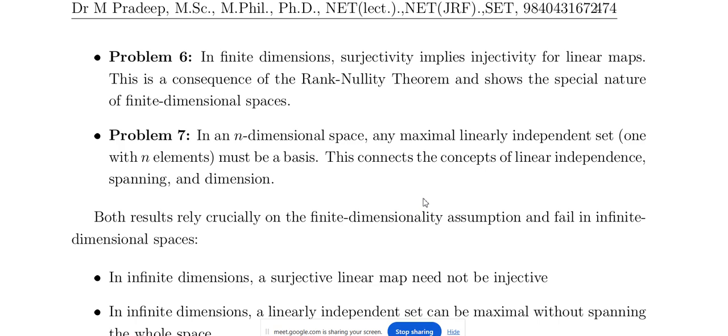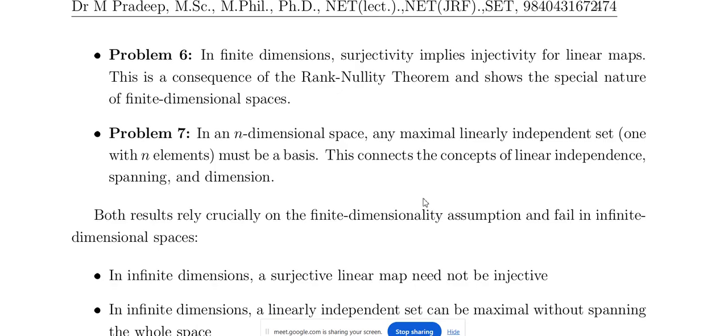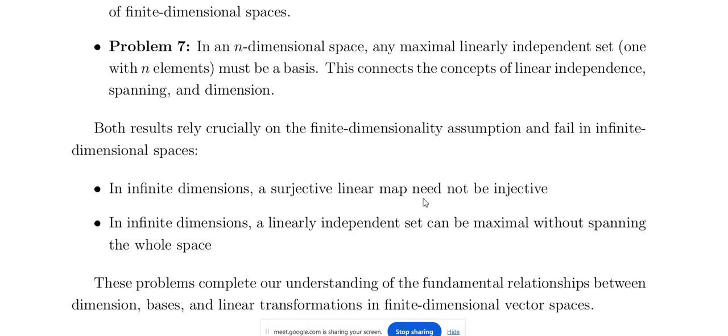This is a consequence of the rank-nullity theorem, a special nature of finite dimensional spaces. In an n dimensional space, any maximal linearly independent set, that is with n elements, must be a basis.